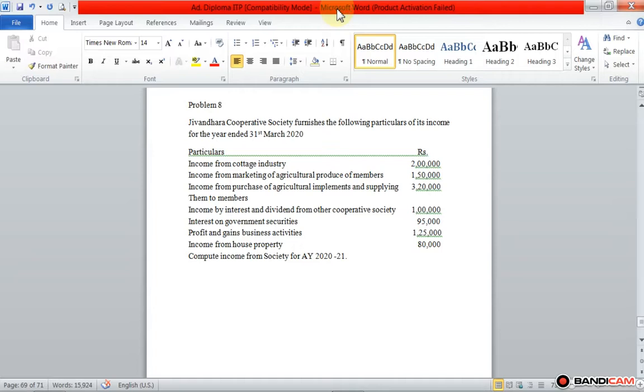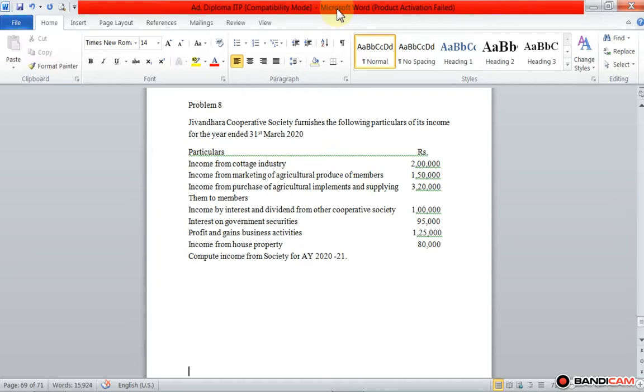Problem number 8. Jeevan Dhara Cooperative Society furnishes the following particulars of income for the year ending 31st March 2020. Income from cottage industry amounted to rupees 2 lakh, income from marketing of agricultural produce of its members 1,50,000, income from purchase of agricultural implements and supplying them to members 3,20,000.